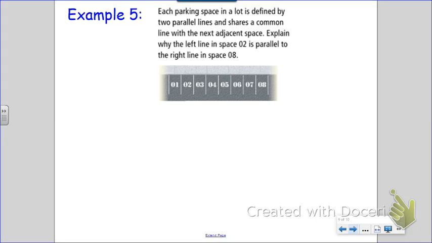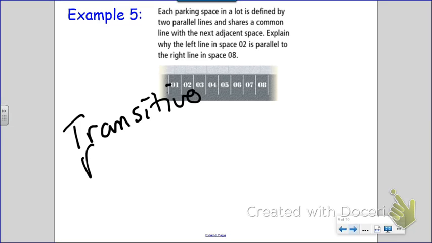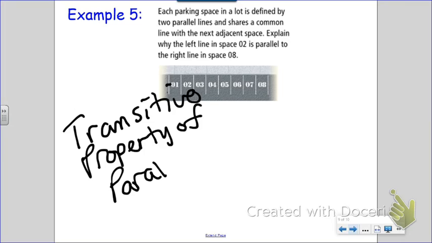Again, you can keep on going down the line. And so this one is going to be the same reason as the last one. This is the transitive property of parallel lines. And that's our examples for today.